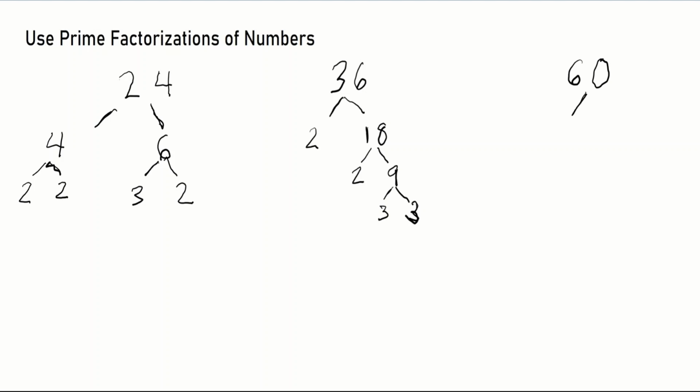For 60, we can also start with 2 if we want to. But instead, let's start with 3. So we have 3 and 20. This is all from the list of factors we had above. We could say that 20 has factors of 2 and 10. 2 and 3 are prime, so we are only considering factors of 10 at this point. So 10 can be written as the multiplication of the factors 2 and 5, which are both prime. So we can stop right there.